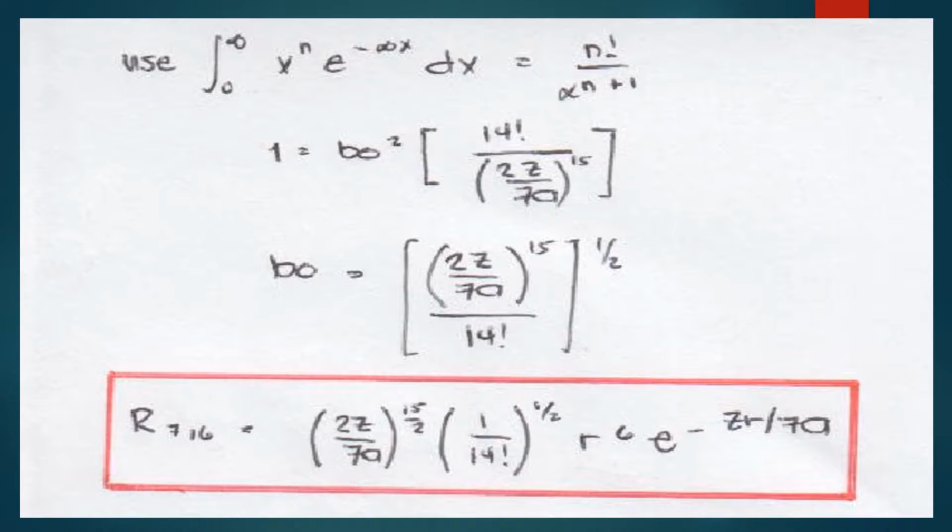Solving for b0, we get b0 is equal to (2Z over 7a) raised to 15 over 14 factorial, all raised to 1/2. Then our radial function will be R 7,6 is equal to (2Z over 7a) raised to 15/2 times (1 over 14 factorial) raised to 1/2 times r raised to 6 e raised to negative Zr over 7a.